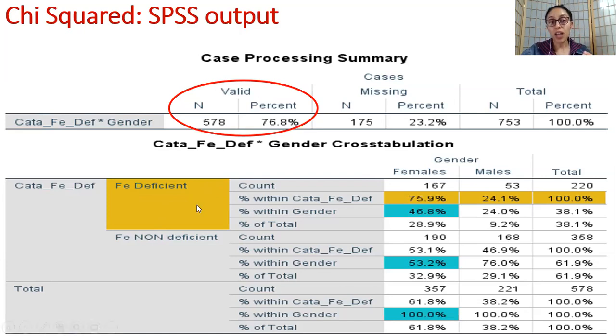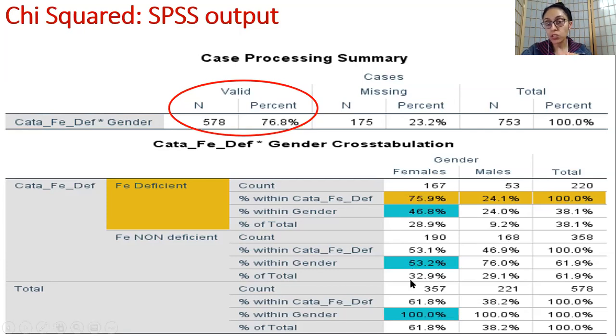Within iron deficient, I can see 75.9% of girls are iron deficient, 24.1% of boys are iron deficient, and this adds up to 100%. That's why it's color coded for you, just for your FYI. So in my tables, these are the numbers I report: so many girls are iron deficient, so many boys are iron deficient, which adds up to 100.